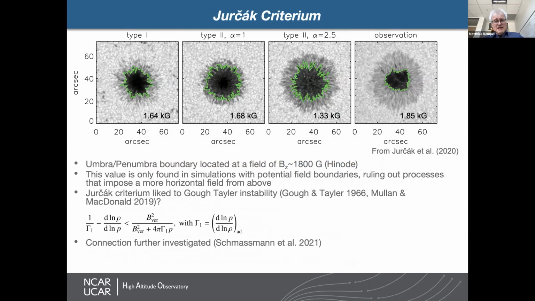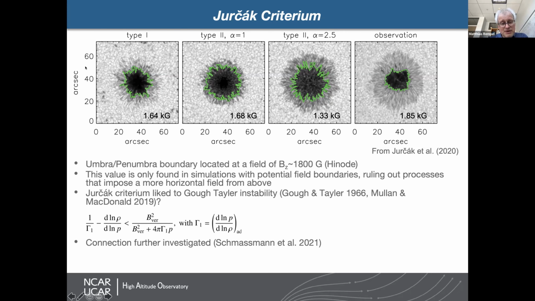Now, if you compare the field strengths you do find at the boundary between umbra and penumbra from Hinode observations, you get something about 1,800 Gauss. There is some discussion how universal this field strength is, if all sunspots have it around that value, or if there's some variation. I'm not getting into that here, but the work which was done here is actually using different simulated sunspot models.